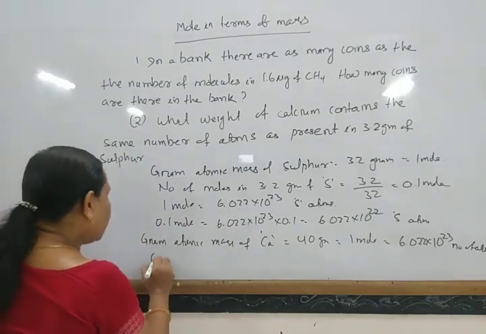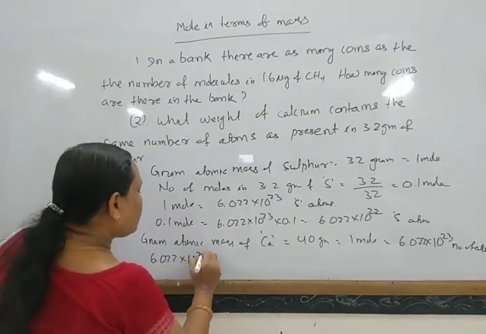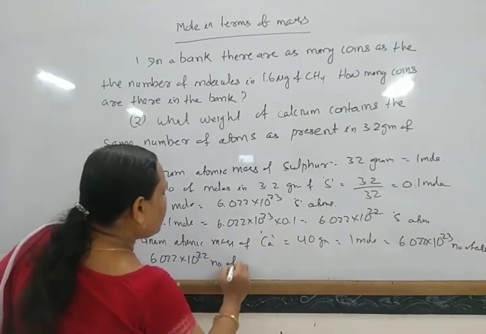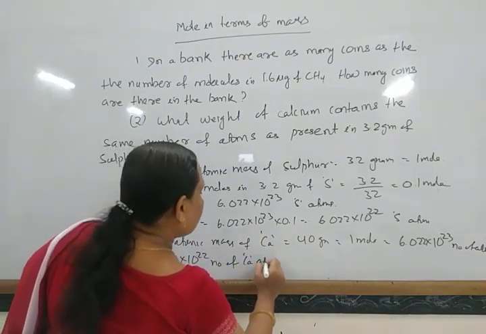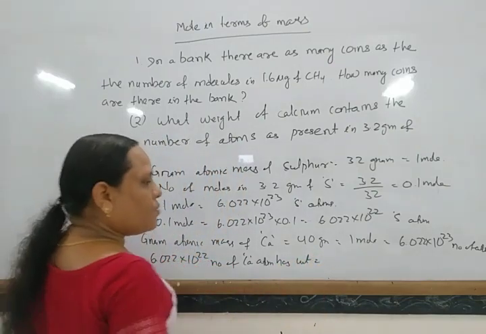Then 6.022 × 10^22 calcium atoms have weight, how much?